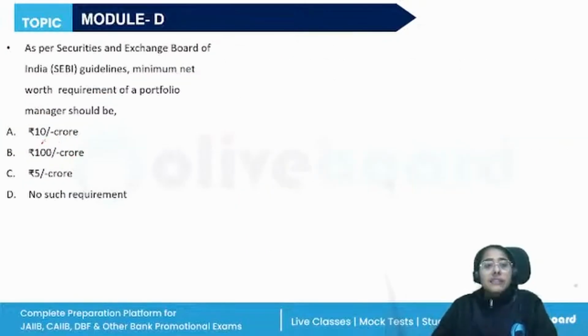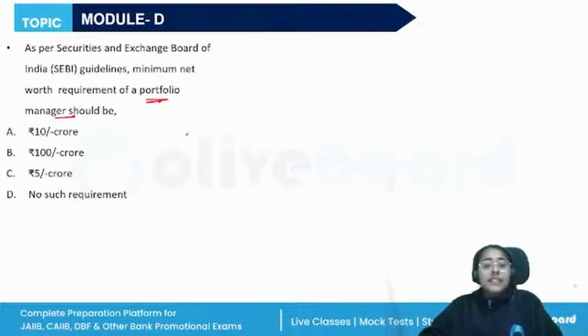Next, as per SEBI guidelines, the minimum net worth requirement of a portfolio manager. So when any entity wants to start a portfolio management service, they should have the minimum net worth.